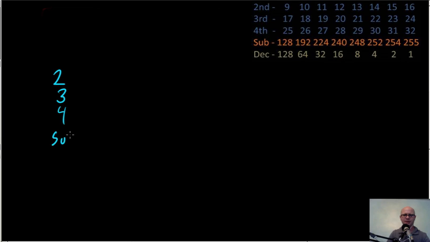And then sub, let's keep the color code, maybe orange a little bit. Let's save that color. All right, and then sub, and then let's do it in white decimal, right?